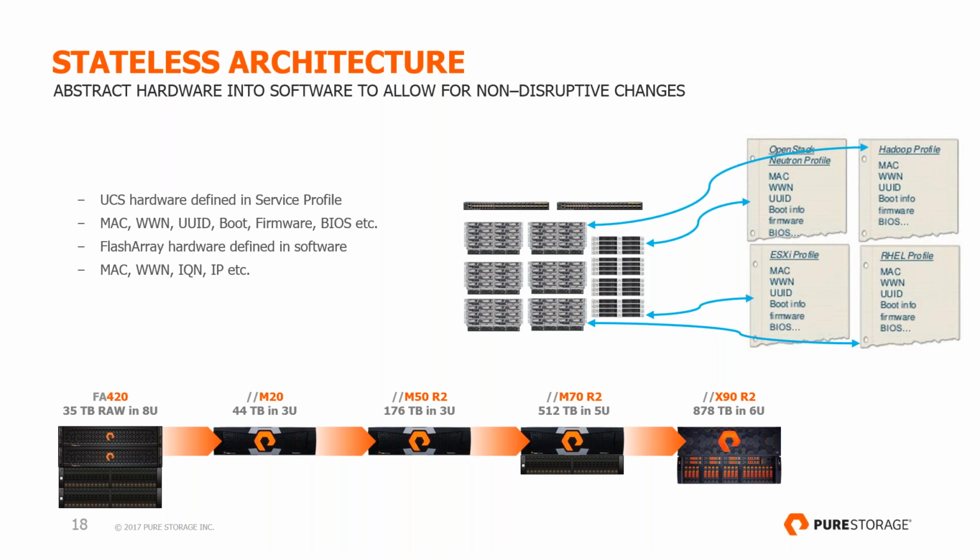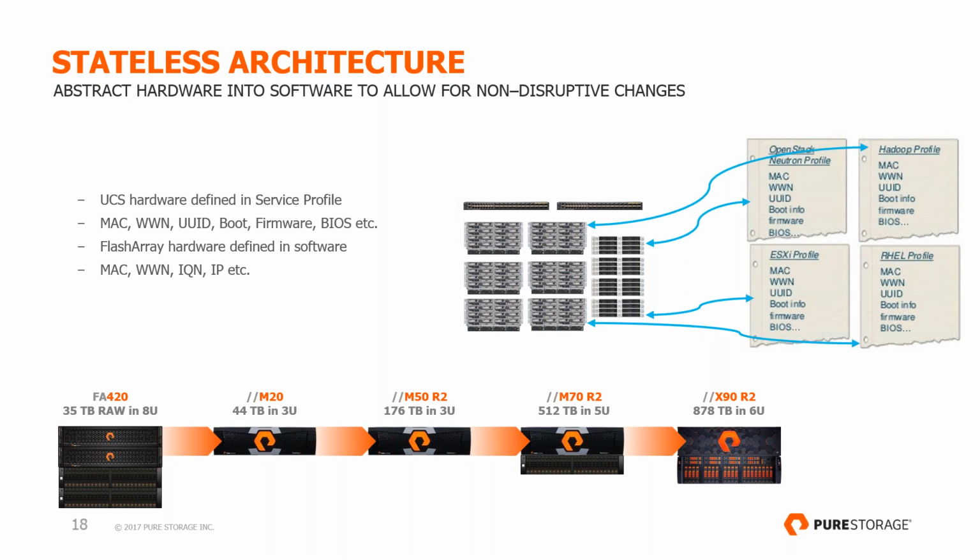Because it's open API, you can use tools like the vRealize Automation Suite or Cisco UCS Director to automate setting up things like ESXi hosts. You just kick off a workflow after installing the UCS blade, and it fully provisions and sets up, and will even provision Pure Storage to it as a boot from SAN volume.